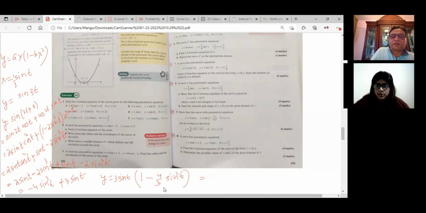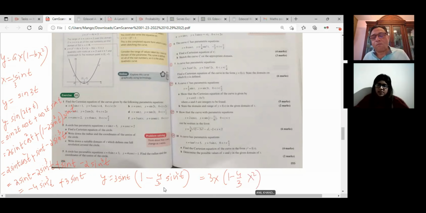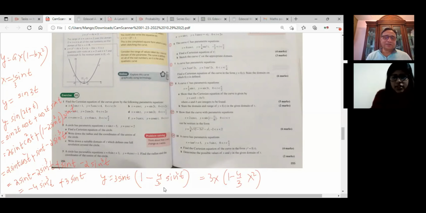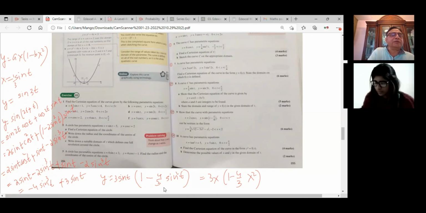Sine t is x, so we get 3x times (1 minus 4 over 3 x squared). Wait, I thought it was x equals a third sine t. Oh yes, sorry. So sine t will be 3x.